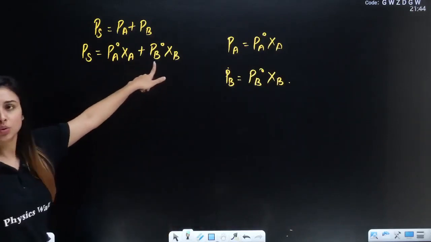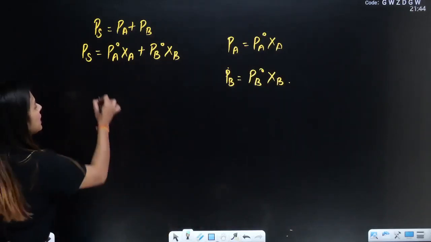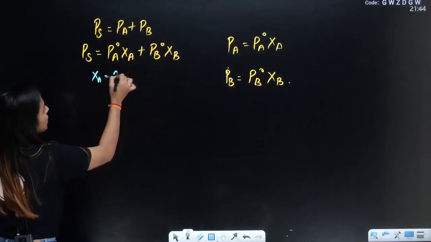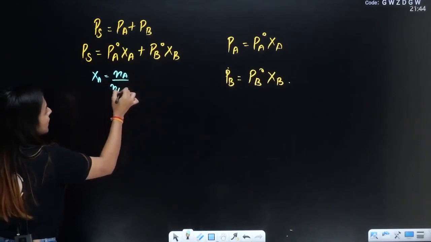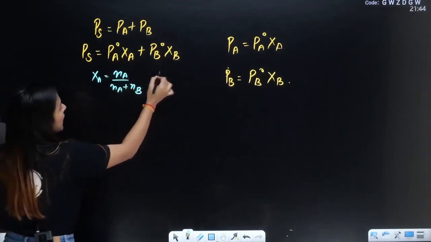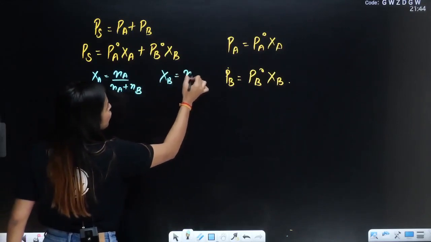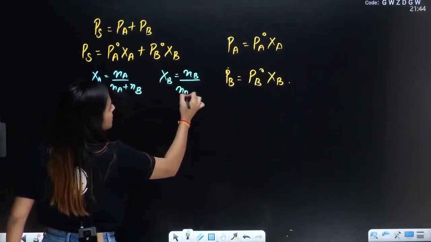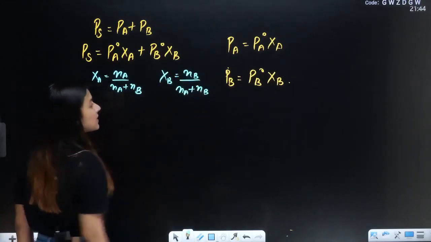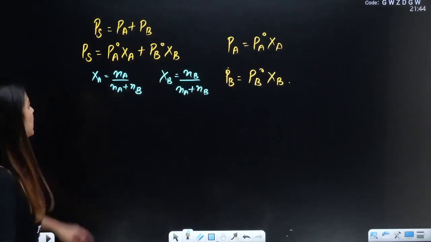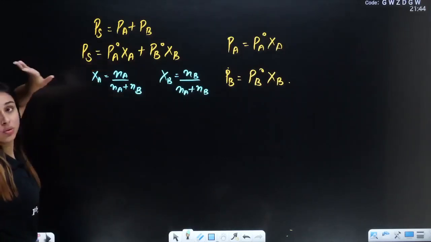You know this? You know this. Okay. Do you know that mole fraction of A is actually equal to moles of A upon moles of A plus moles of B? And mole fraction of B is equal to moles of B upon moles of A plus moles of B? Yes, ma'am. We know this. Yes, perfect. So put this into this expression.